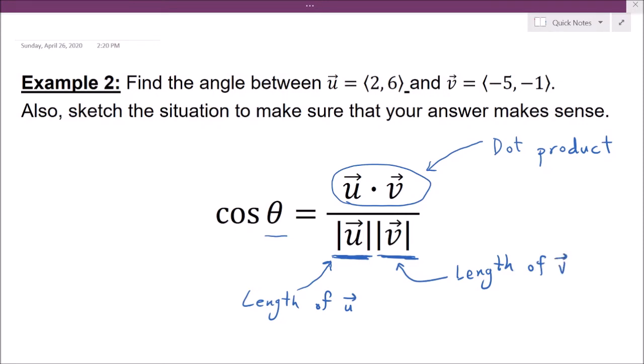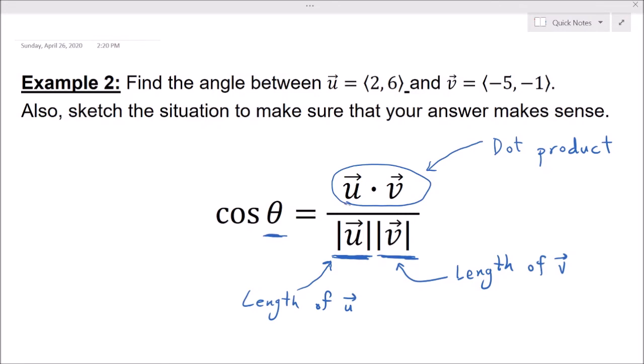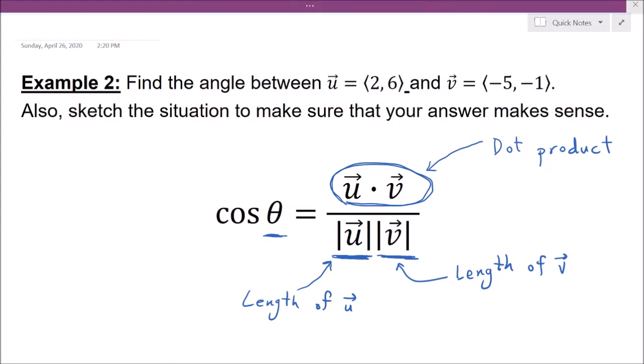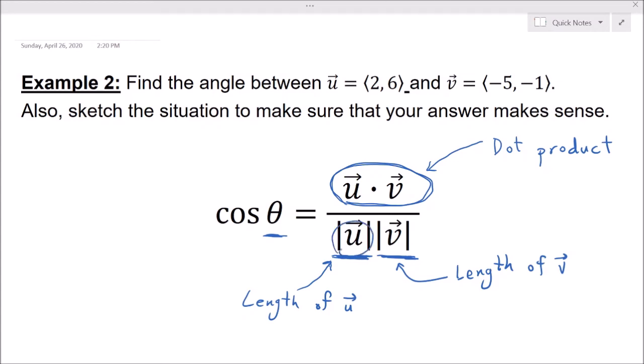And so now we've got the cosine of the angle that we want equals the dot product on the top of a fraction. Remember, that's a number, that's a scalar, divided by the length of one of the vectors times the length of the other vector. Now notice that each piece of this formula we already know how to find.